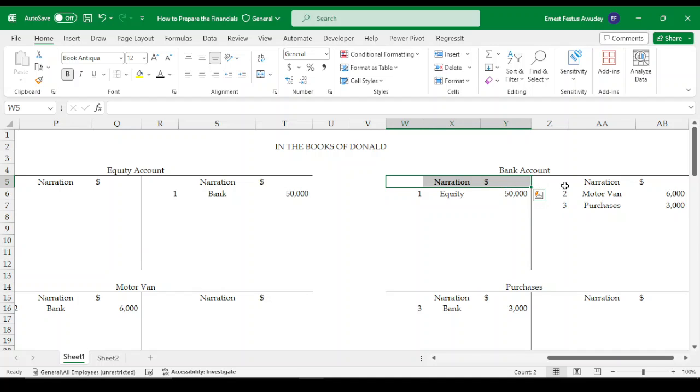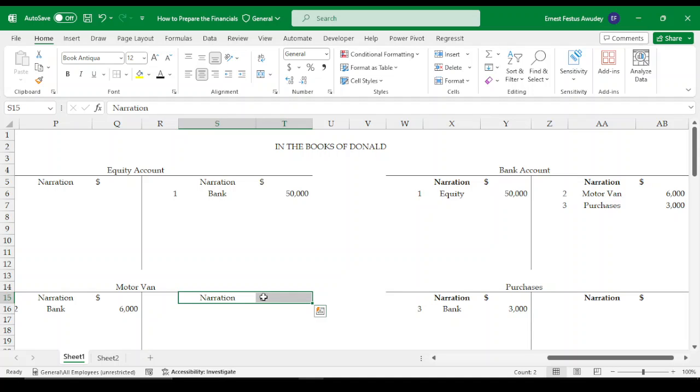To make this a little clearer, let me bolden this using Control B. To repeat this, I can just use F4. I can use F4 to repeat the last action, so that I don't have to click Control B again.